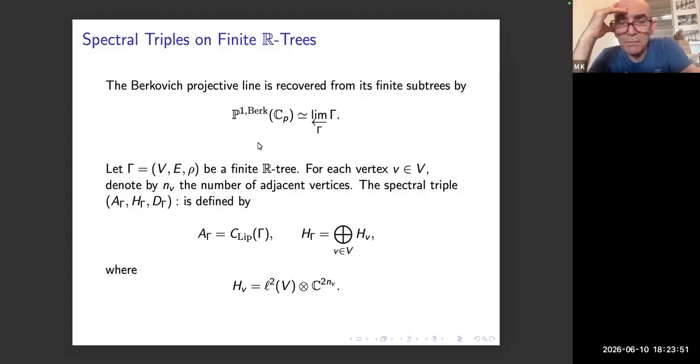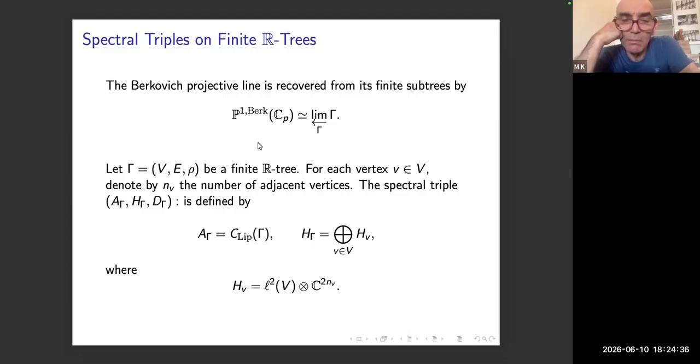So basically the algebra is the algebra of Lipschitz, almost C1 functions on each finite R-tree gamma. And the Hilbert space is a direct sum of Hilbert spaces that we attach to each vertex of the R-tree.